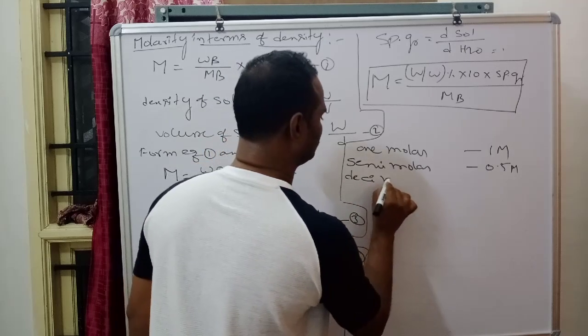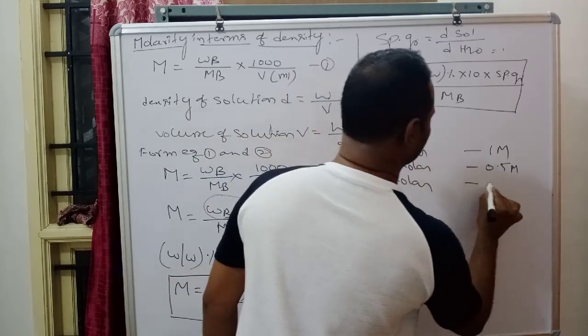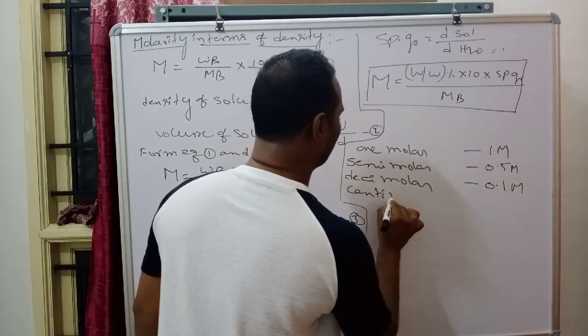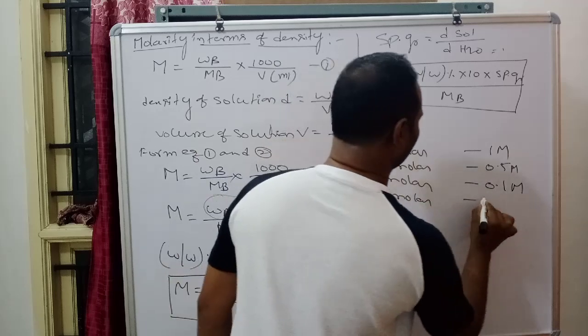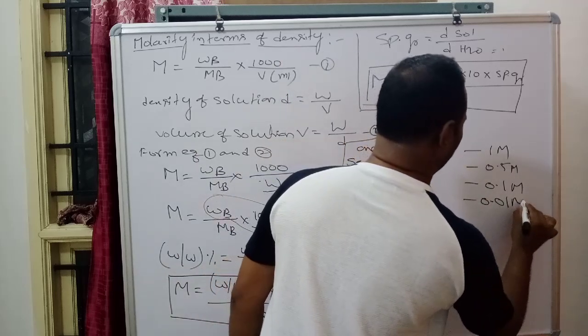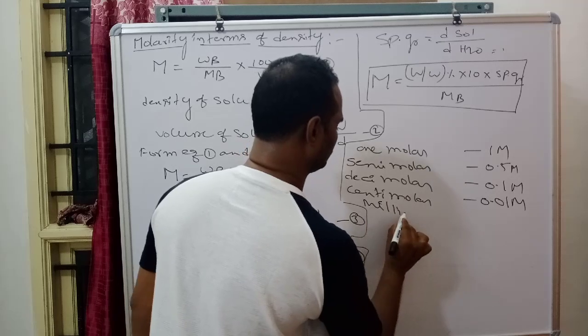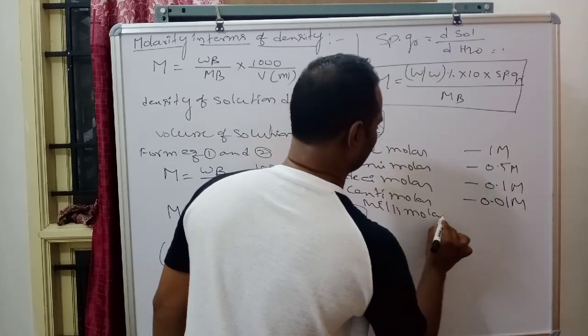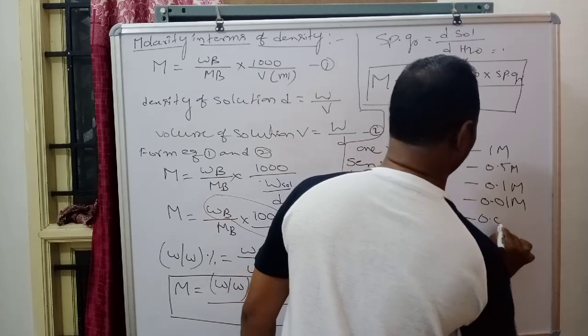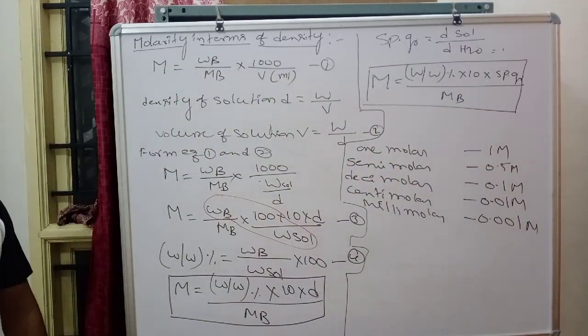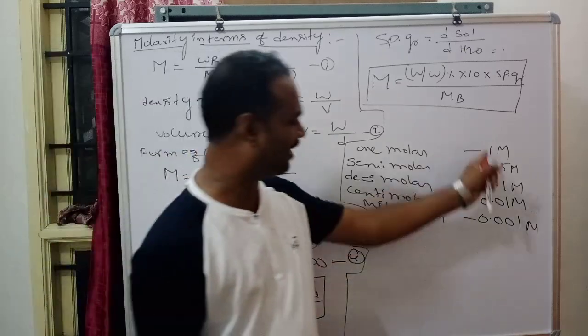Next one, decimolar, 0.1 M. Centimolar, 0.01 M. Millimolar, 0.001 M. These words we are using instead of values.